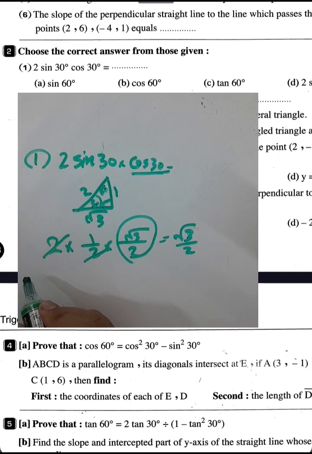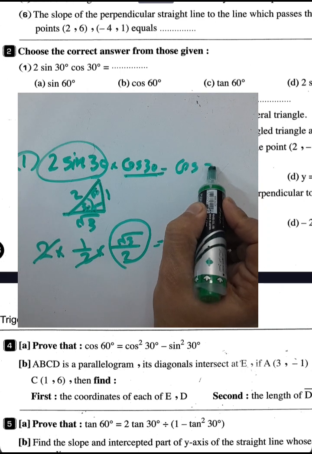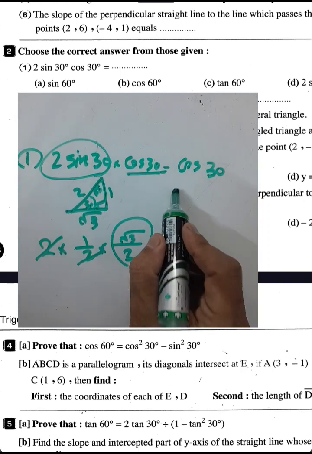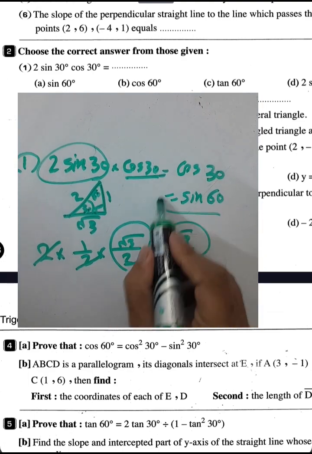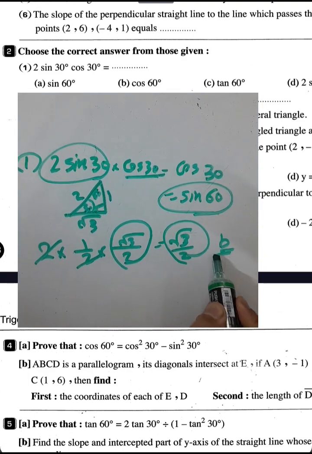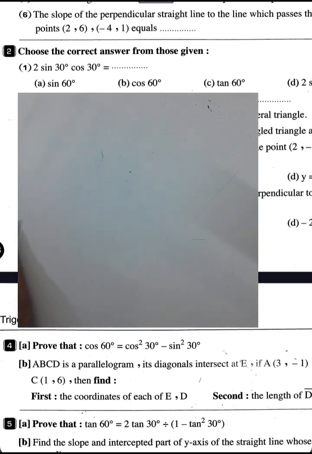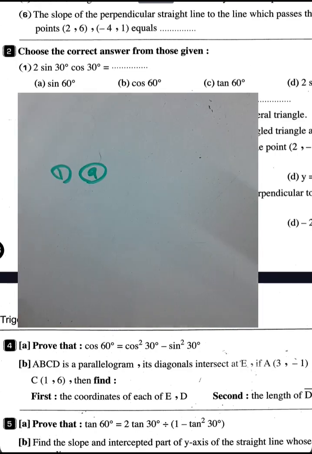Root 3 over 2 equals what in this example? The result will be cosine 30, which is equivalent to sine 60. Sine 60 equals root 3 over 2. Then choose letter A for question number 1. Okay, sine 60 equals root 3 over 2.